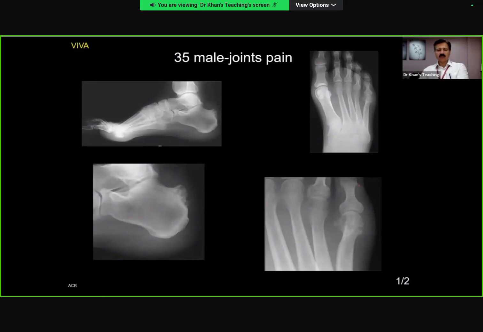Okay, candidate 5. This is your next film. Over to you. Okay, so again, we have lateral radiographs of the foot and calcaneum, a DP radiograph of the forefoot, and a coned-in view of the lateral forefoot of a 35-year-old male with joint pain. There are abnormalities at the posterior superior aspect of the calcaneum where there's fragmentation and erosion.